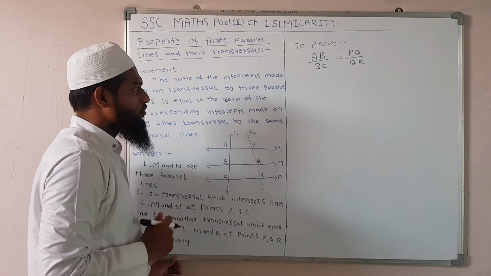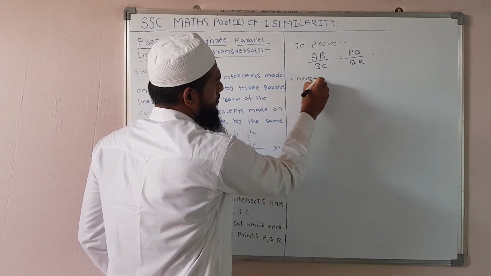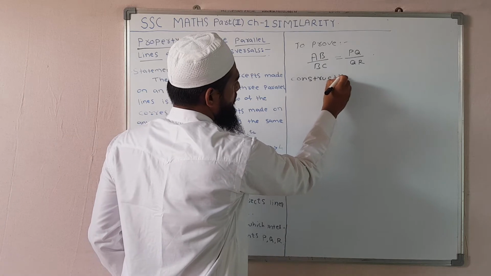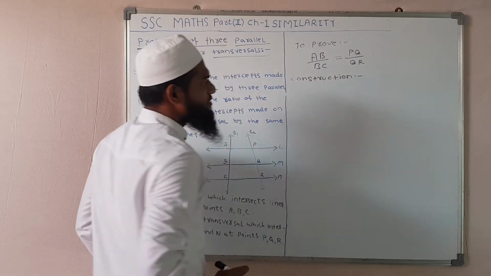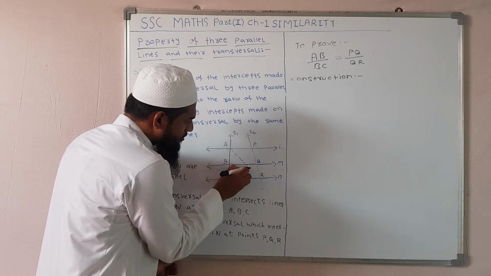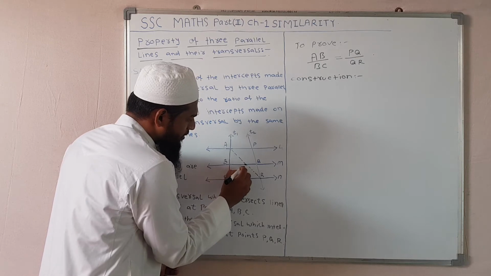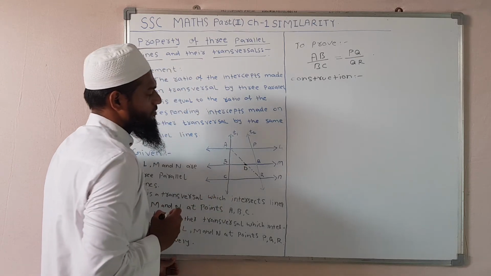Okay, so for that we have to do the construction. What is the construction? We are joining this and giving the name D here.